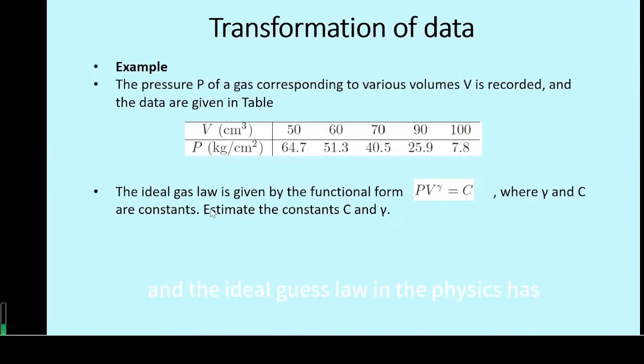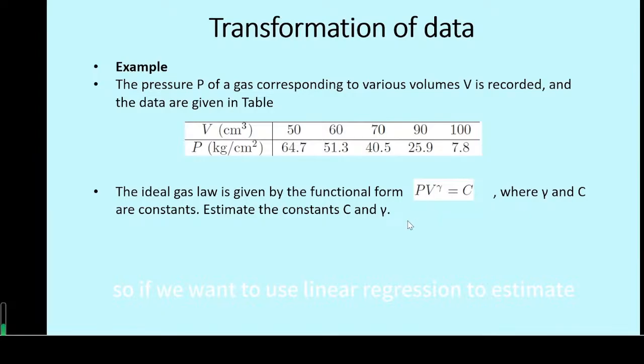The ideal gas law in physics has this form: P times V to the power gamma equals C, where gamma and C are constants. The question is to estimate the constants C and gamma. This is a power relationship between P and V, and it is not linear.